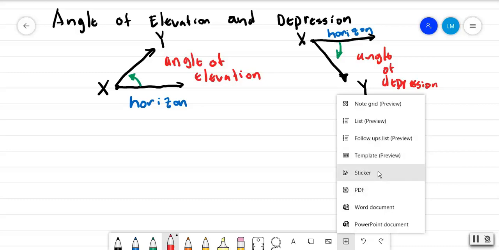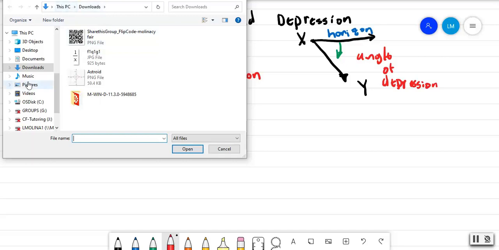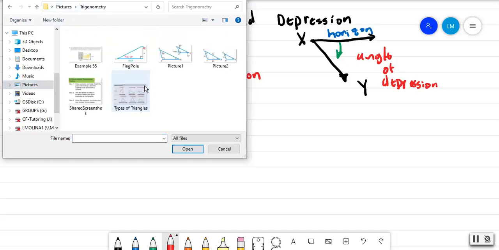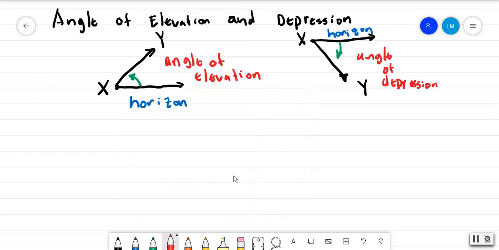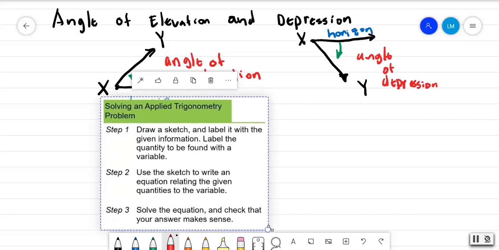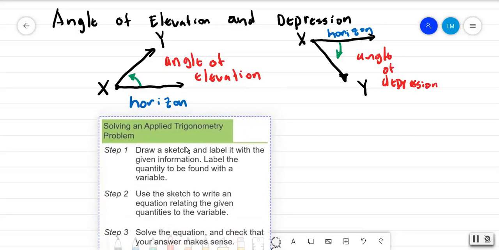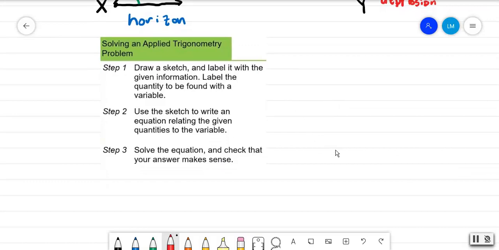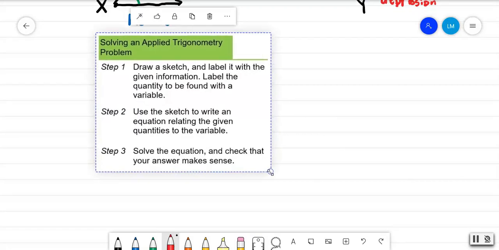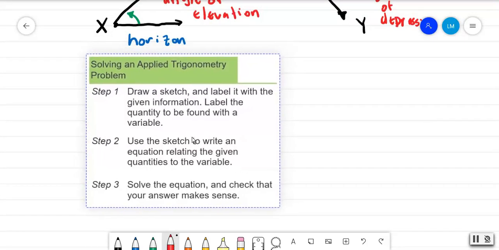The easiest way to show you that is by going to this process that a mathematician came up with, where he says that you have to have these steps to problem solving. Technically, this is the steps to problem solving, but it's applied to solving trigonometric questions.